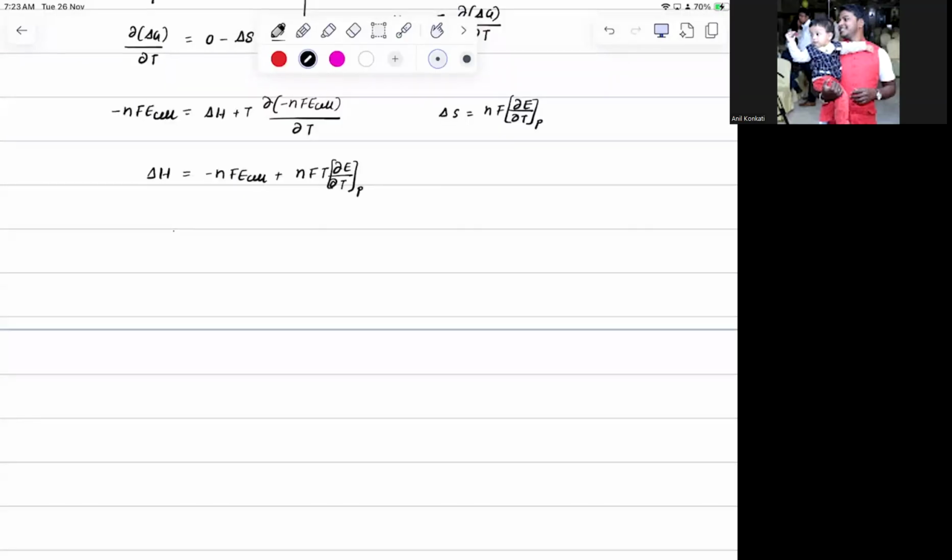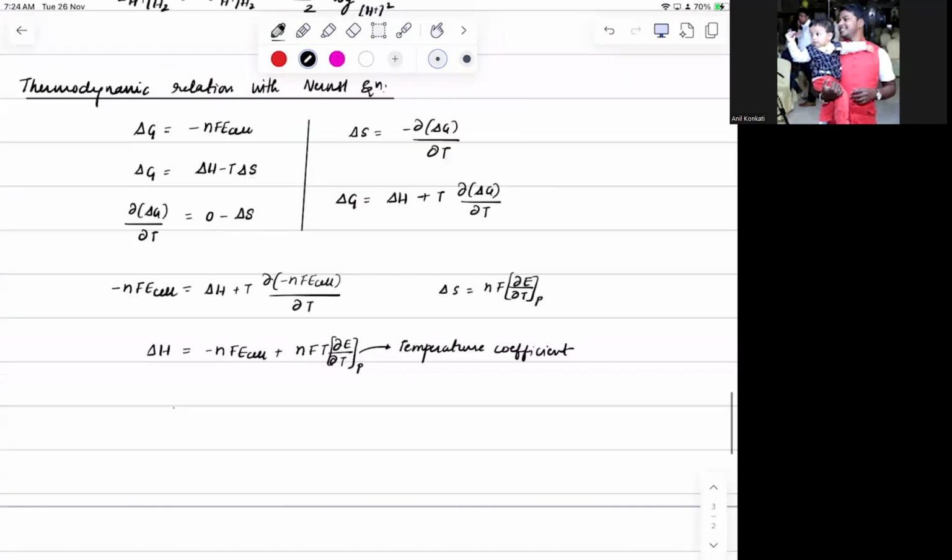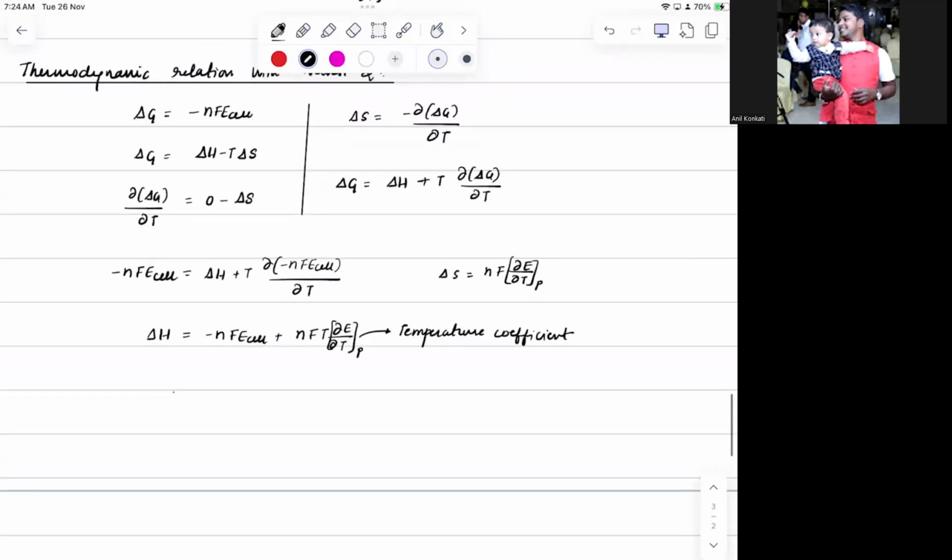And dE by dT, you notice, is called the temperature coefficient. Please remember these terms. It will be useful for solving.